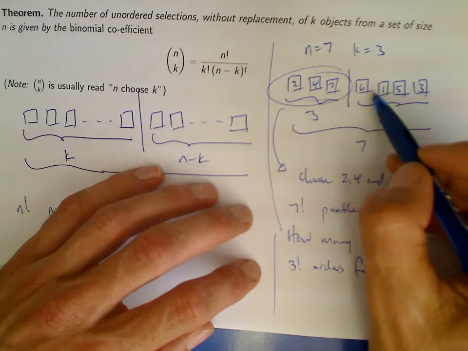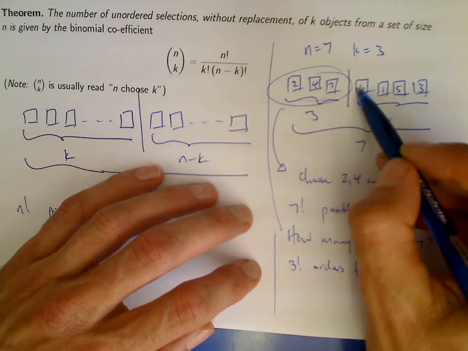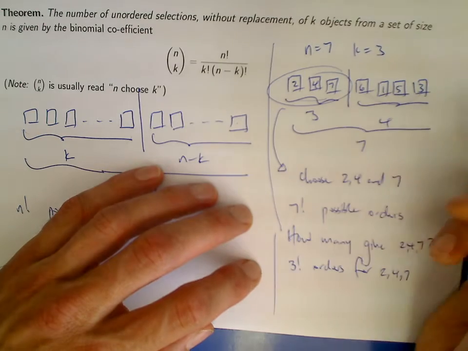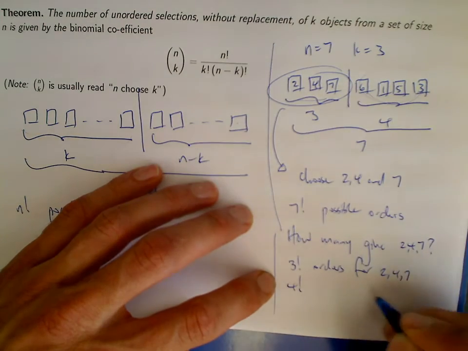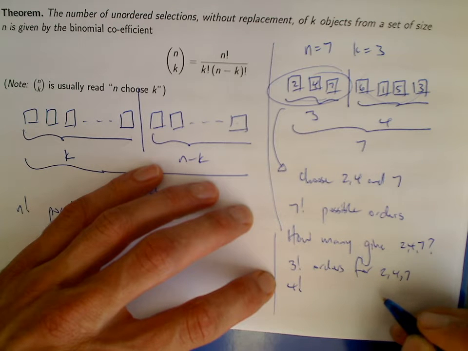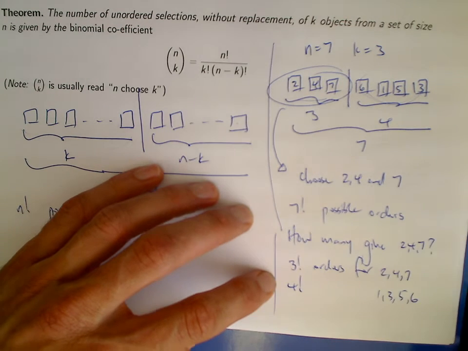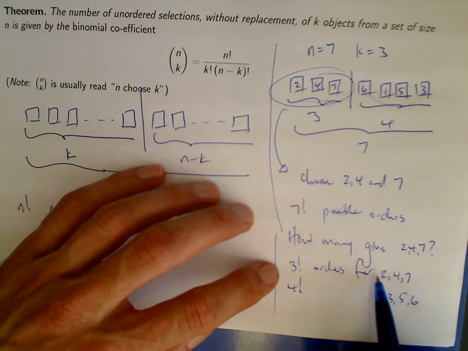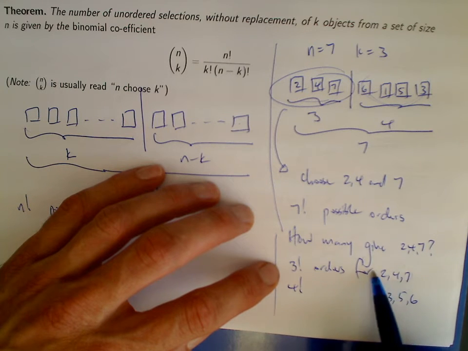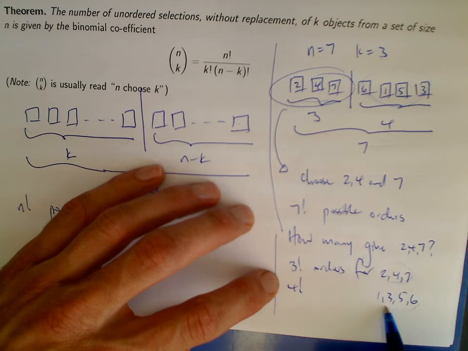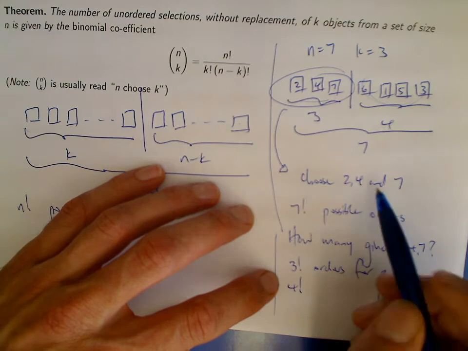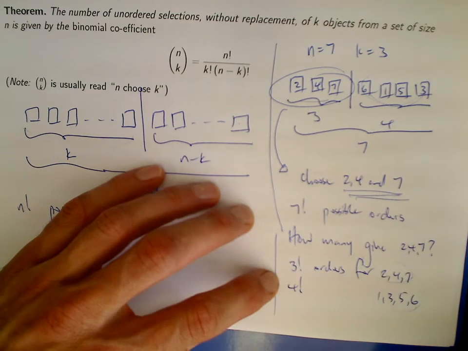And then I also need to write 6, 1, 5, and 3 in these boxes in some order, and there's 4 factorial ways to do that. So there's 4 factorial orders for 1, 3, 5, and 6. Any one of those orders for 2, 4, and 7, followed by any one of those orders for 1, 3, 5, and 6, will give me the same outcome of choosing 2, 4, and 7.